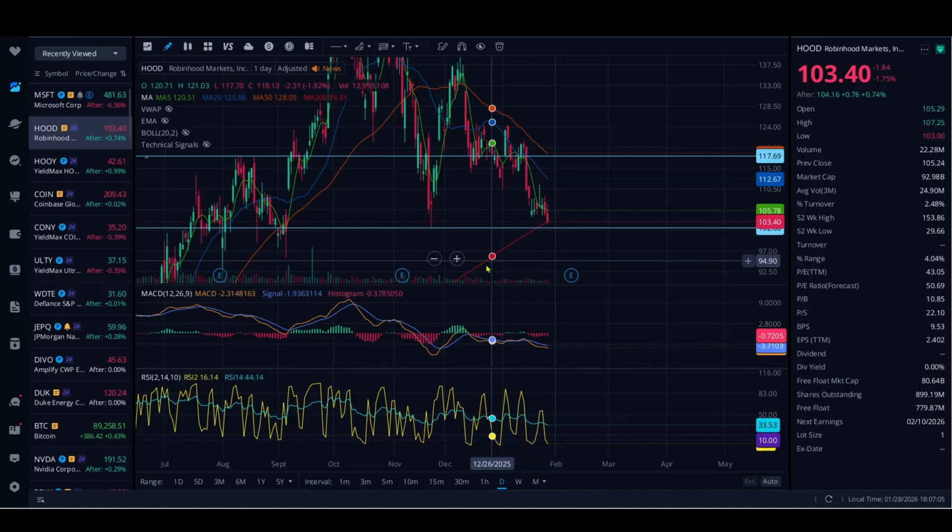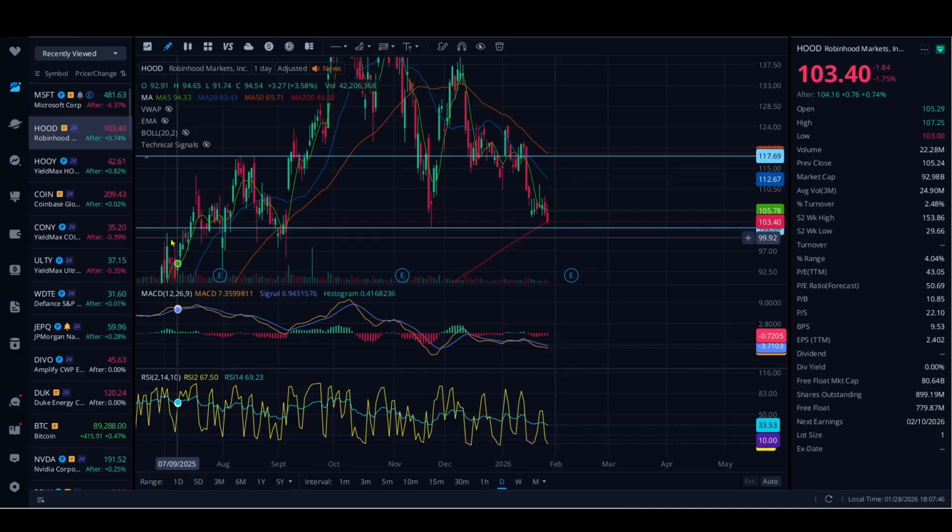Not only do we have that MA200, which is a pretty strong support line, we also have this support line at roughly that 102. Both of those added together could be a very strong support line for HOOD. So I'm hoping to see this one pop right off of that MA200 and start moving up, and that would be ideal. That's my hope and plan on HOOD, so that HOOY can move on back up.